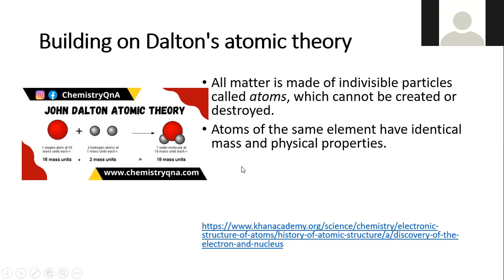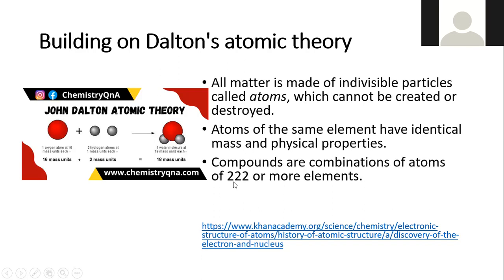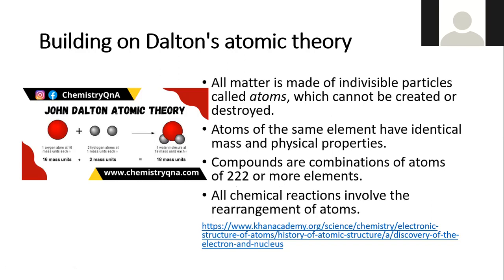Atoms of the same element have identical mass and physical properties. Compounds are combinations of atoms of two or more different elements. All chemical reactions involve rearrangement of the atoms. So we picture the atom as very tiny. You can divide it until a very small bit. That's the atom. That's during his time.